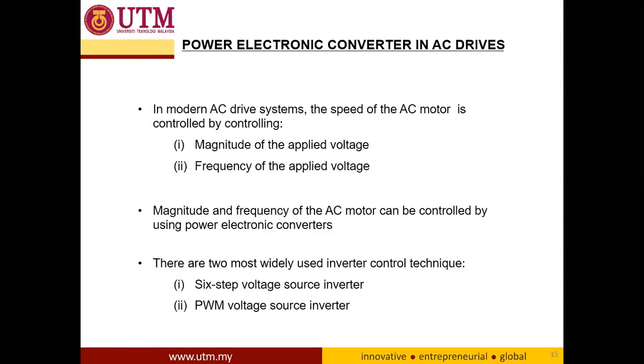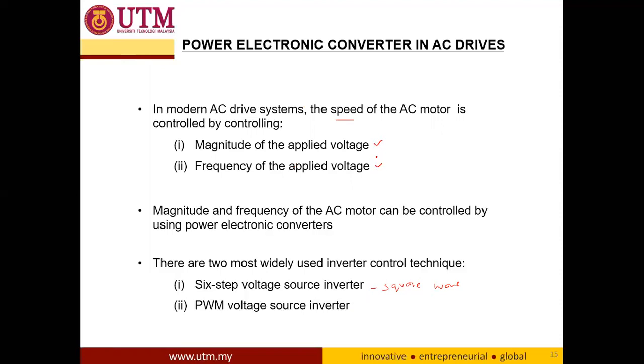Okay, and there are two most widely used inverters. The first is the 6-step voltage source inverter, which is actually a square wave, and another one, the most advanced, is the PWM voltage source inverter. So please be noted that the speed of the motor is controlled by magnitude and also the frequency.